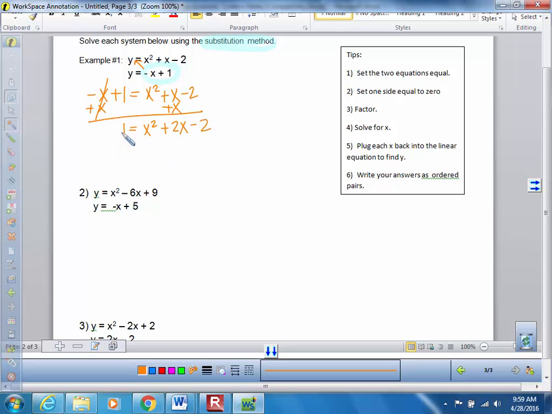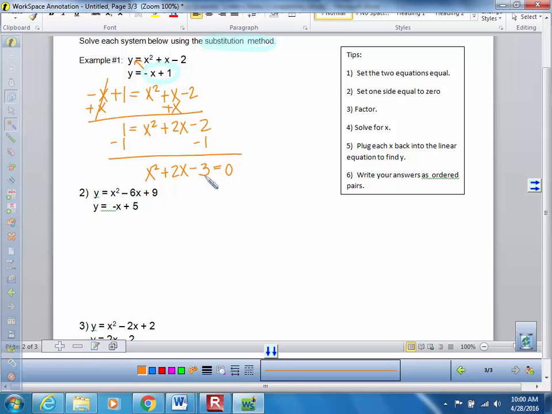Then I need the 1 on the other side. How do I move the 1 to the other side? You would subtract 1. So that's going to give me x squared plus 2x minus 3, and then instead of having equals 0 in the front, I'm going to put equals 0 in the back.